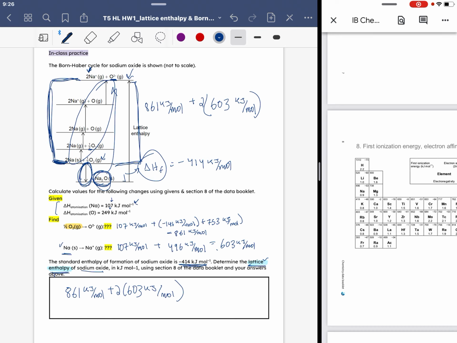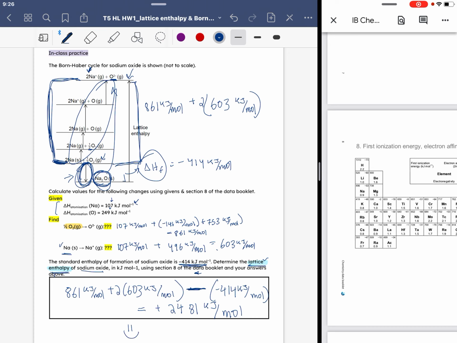To account for that entire diagram, I'm then going to subtract this step, subtract negative 414 kilojoules per mole. Notice you really have to pay attention to signs here. You're subtracting a negative, and that should be equal to, if you've done all of your math correctly, 2,481 kilojoules per mole.